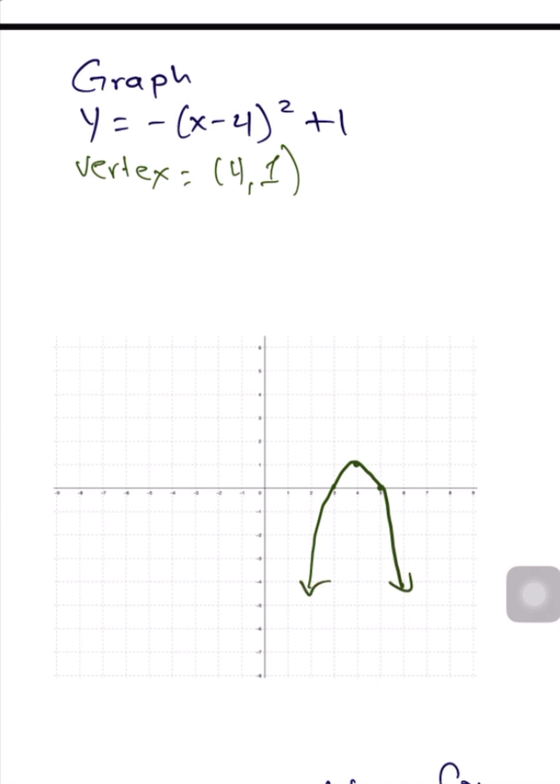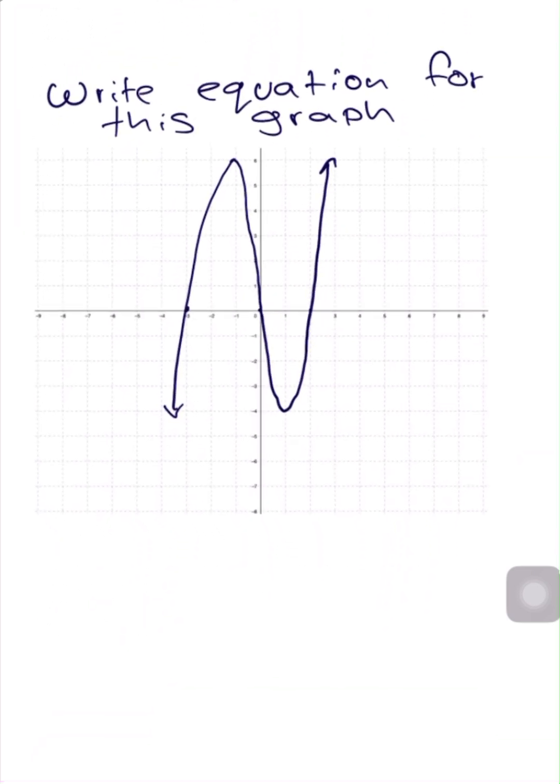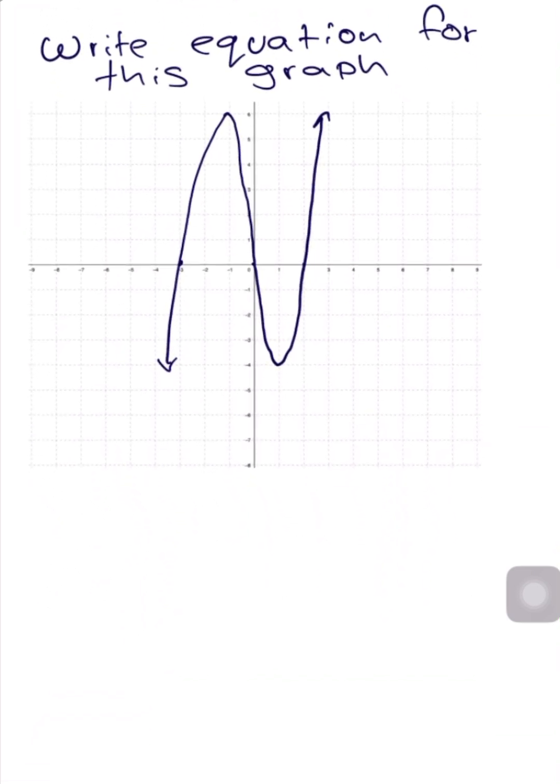Okay, what if they did the opposite and they asked you to write the equation from the graph? So in this example, we see this polynomial. They want you to find the equation. What you have to do for this is you have to know the general formula for polynomials, and that's always written like this.